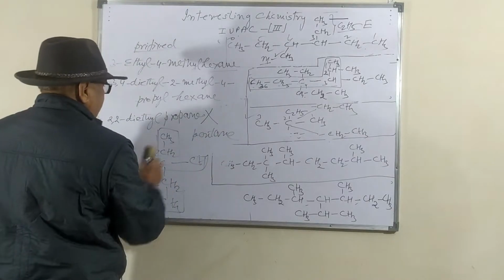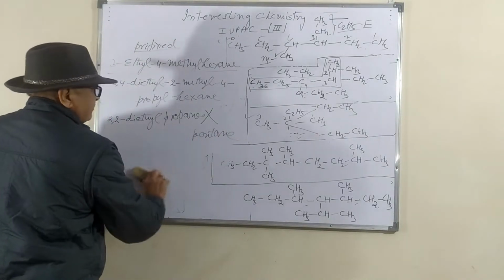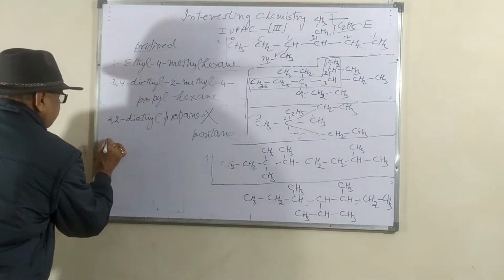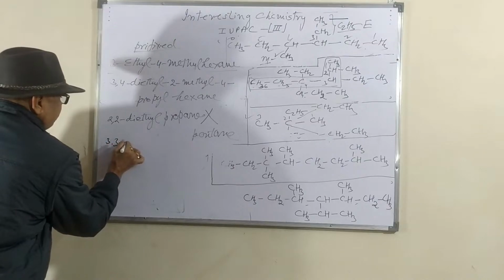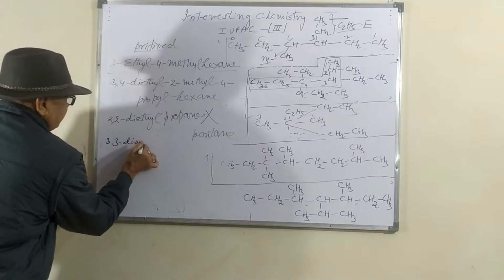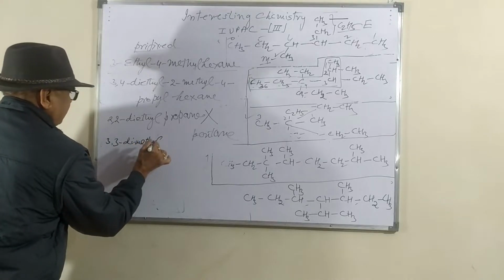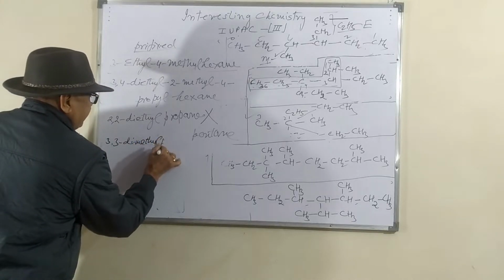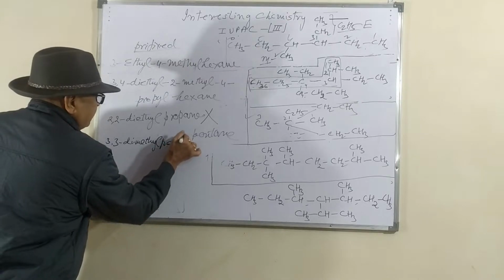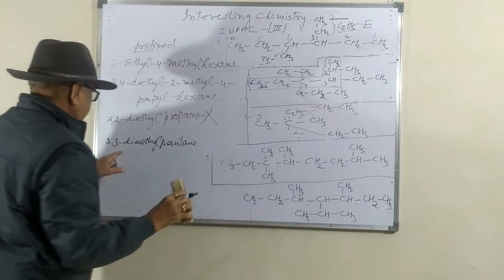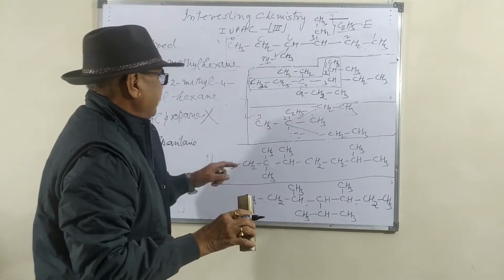Then what is the full name of this compound? This carbon is 3, 3, dimethyl pentane. The name of this compound will be 3,3-dimethyl pentane.